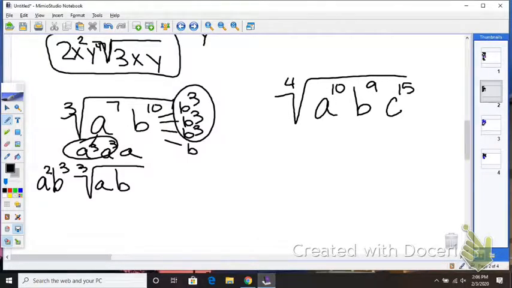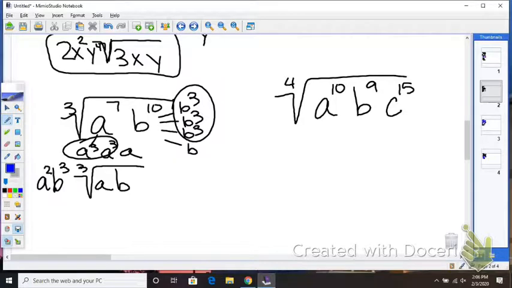Okay, you guys do this on your own paper. Start to finish.